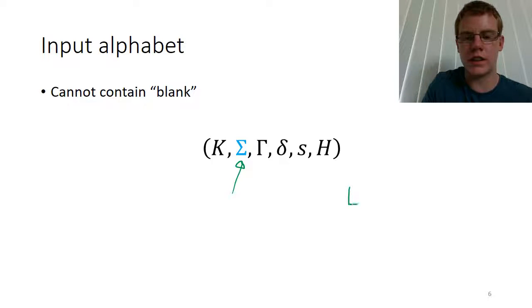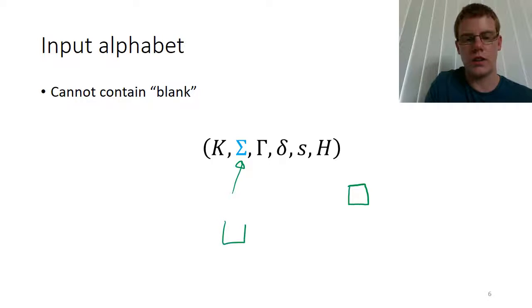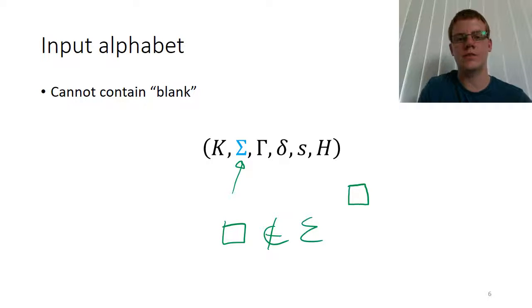And we're going to represent that using this empty square symbol. So because that has to be able to represent stuff that is outside the realm of the input strings, our input alphabet cannot contain this symbol. So the blank symbol is never an element of sigma.